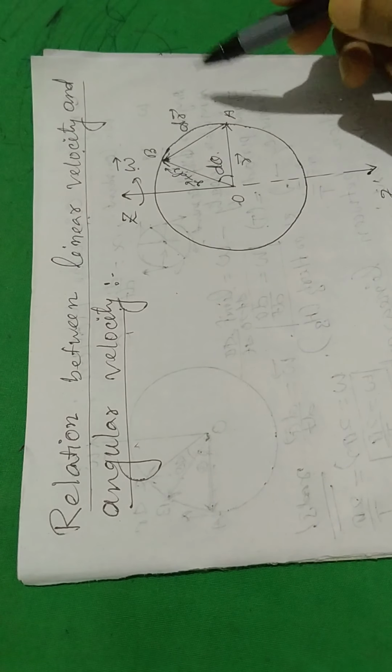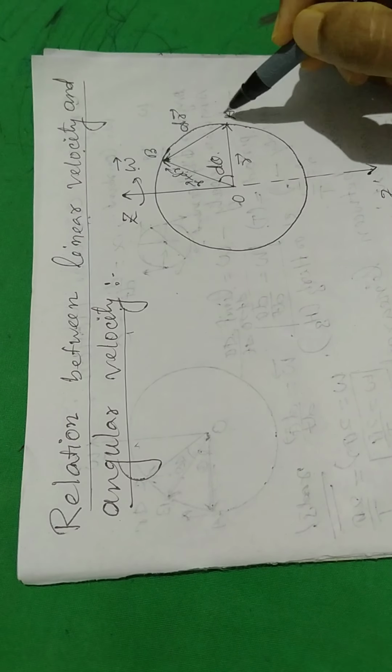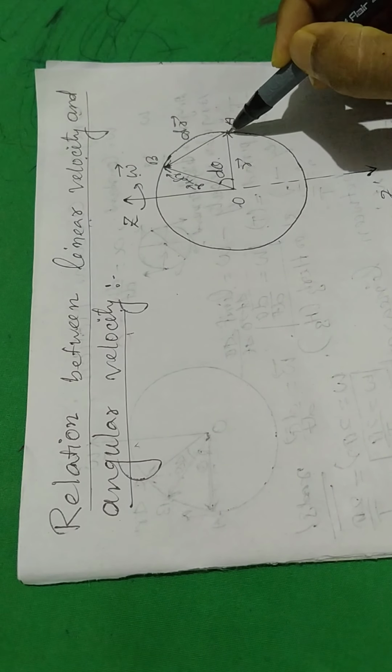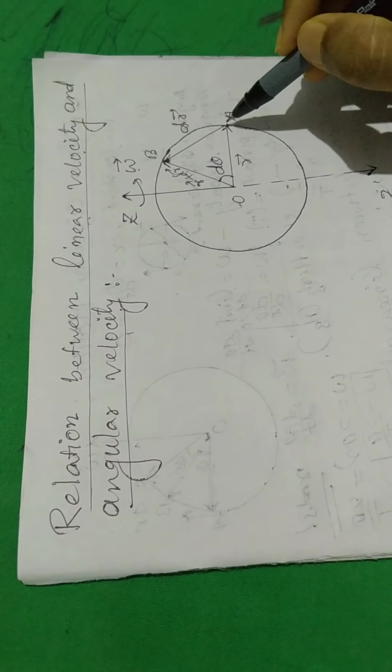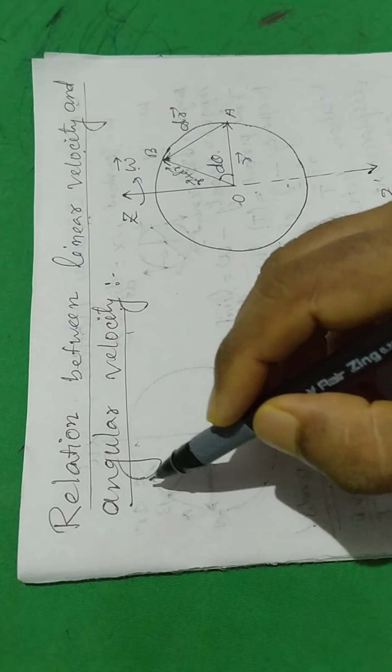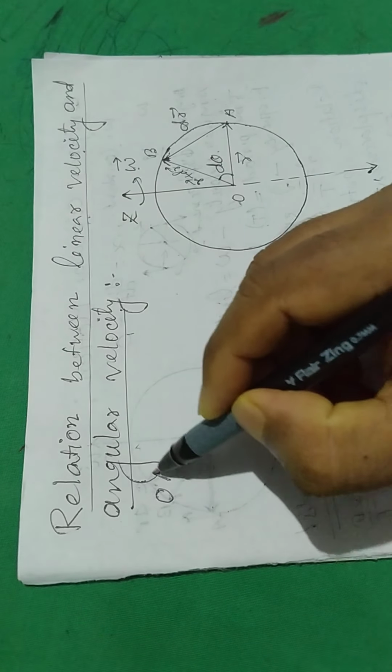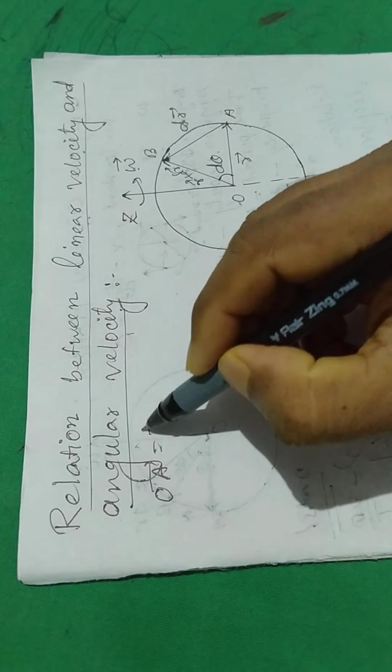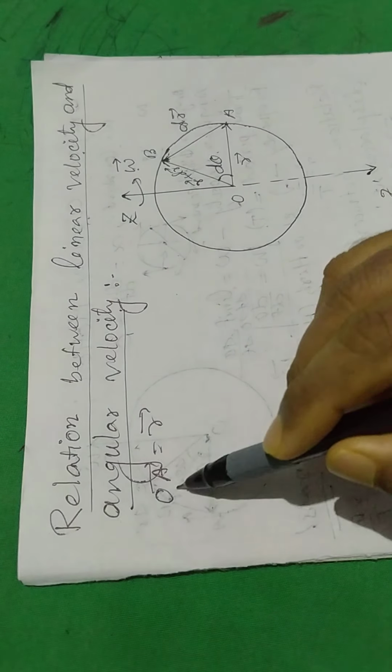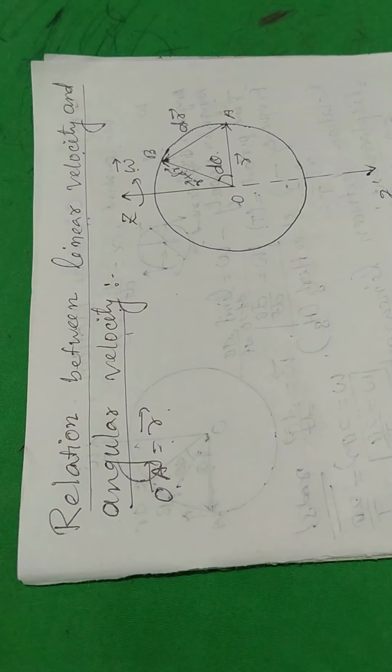Suppose that at any instant or at any time t, the particle is at point A. Then the position vector of the particle OA is equal to R. So OA equal to R is the position vector.